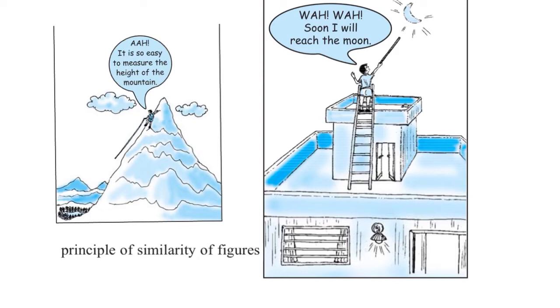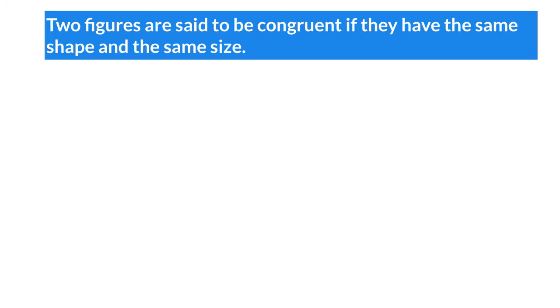So let's look at the definition of what are similar figures. Recall that in our lower grades we have studied that two figures are said to be congruent if they have the same shape and the same size. But what about similar figures? Similar figures are figures that have the same shape but not necessarily the same size.